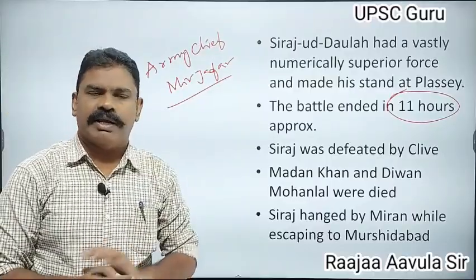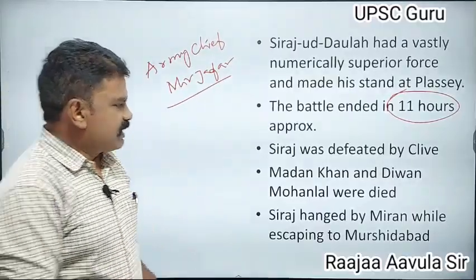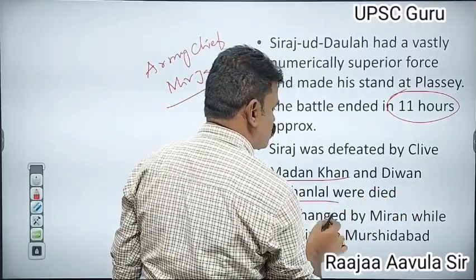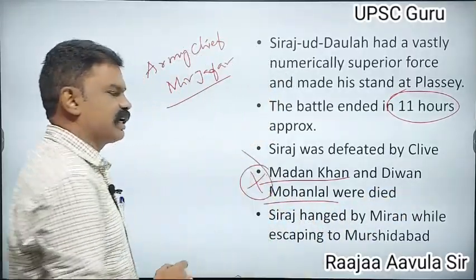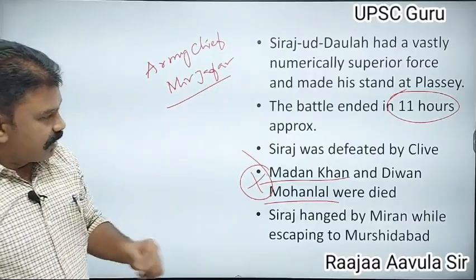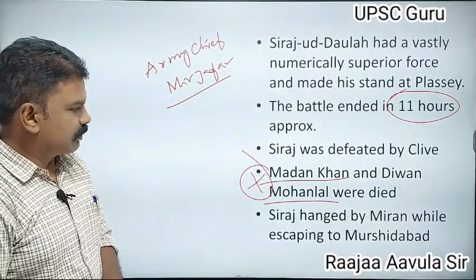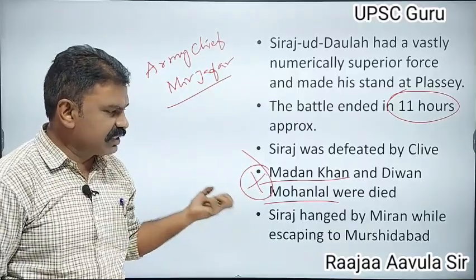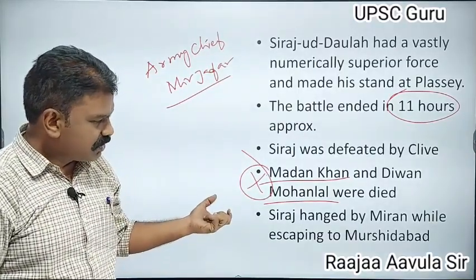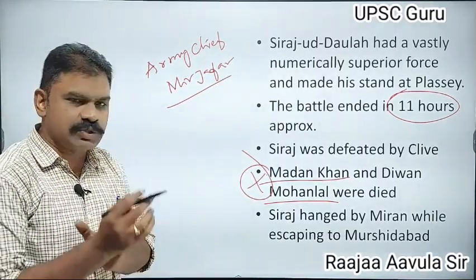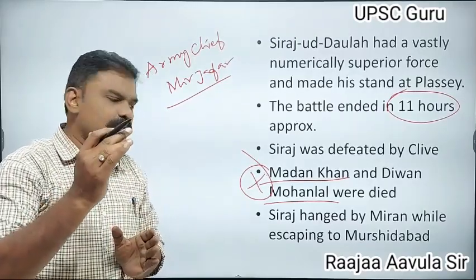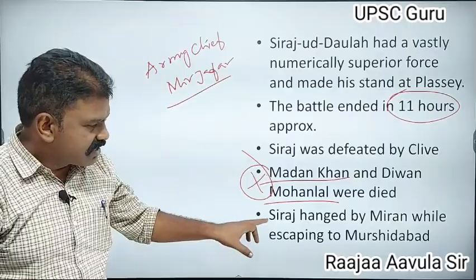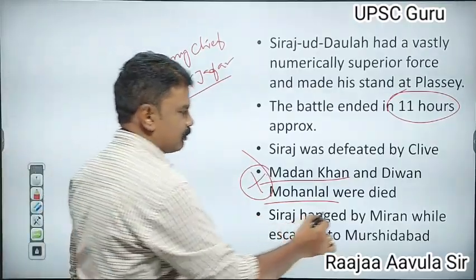Siraz was defeated by Robert Clive. Mir Madan Khan and Diwan Mohanlal were killed in the battlefield. Siraz was also defeated. Along with his wife, while he was escaping to Murshidabad, Siraj was captured by Miran.